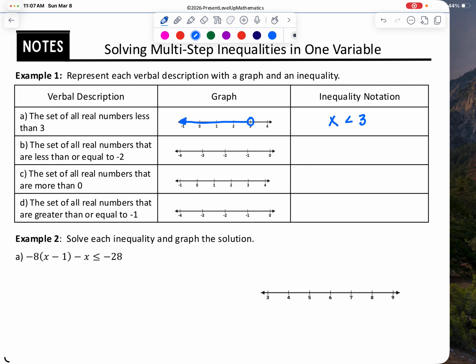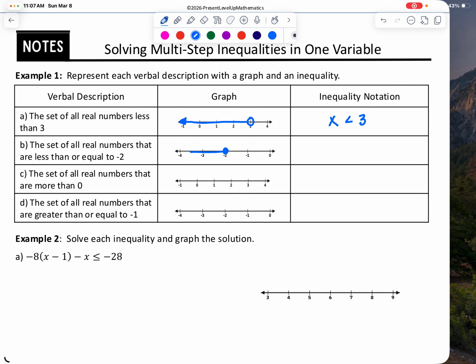All right. Problem B. The set of all real numbers that are less than or equal to -2. Now this time your number can be equal to -2. So -2 has to be included in your solution. So this time we'll use a filled in circle, and then you want to shade the numbers that are smaller than -2.